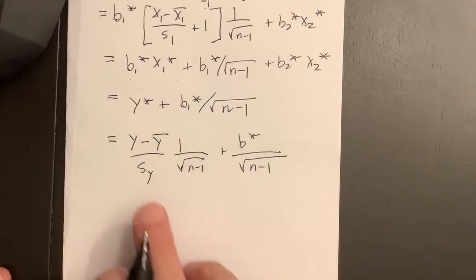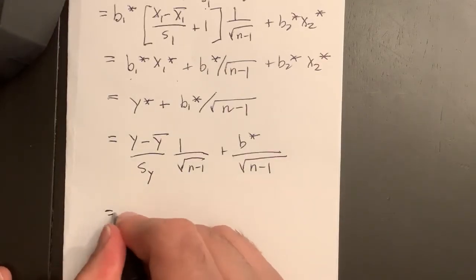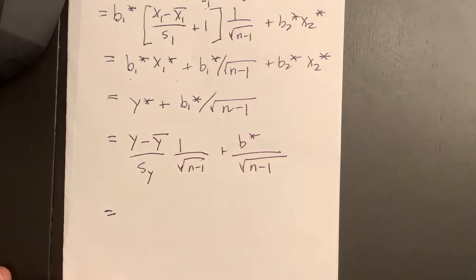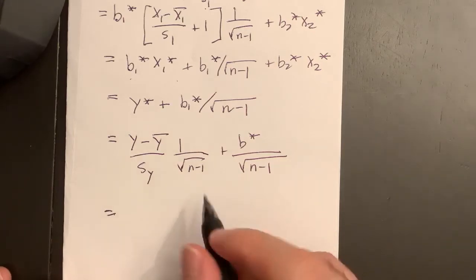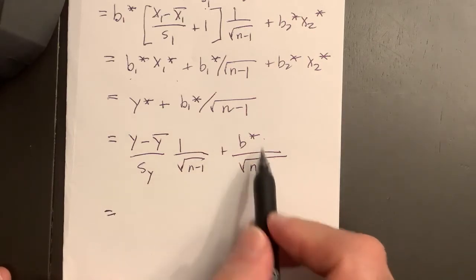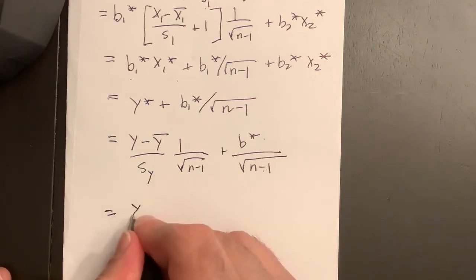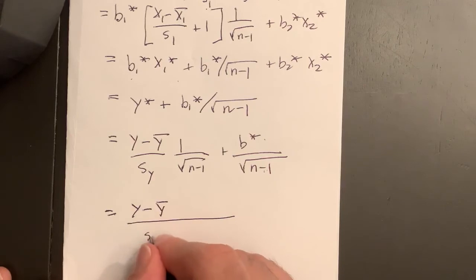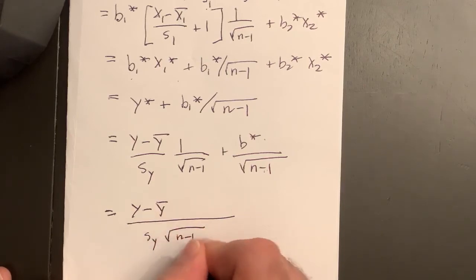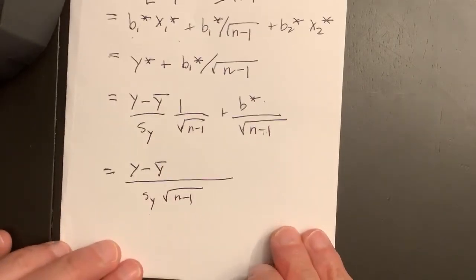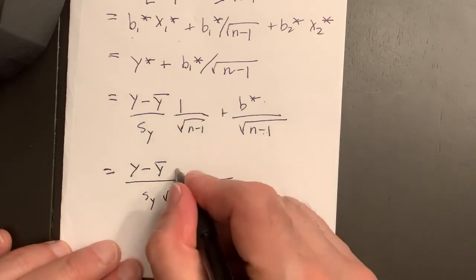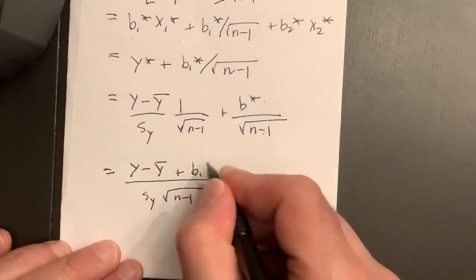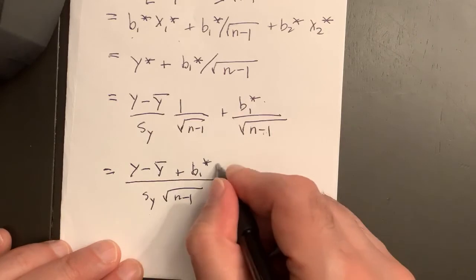For a common denominator, sy over sy times square root n minus 1, I need to multiply both by sy here. So we get y minus y bar over sy times square root n minus 1, and now plus b1 star sy.